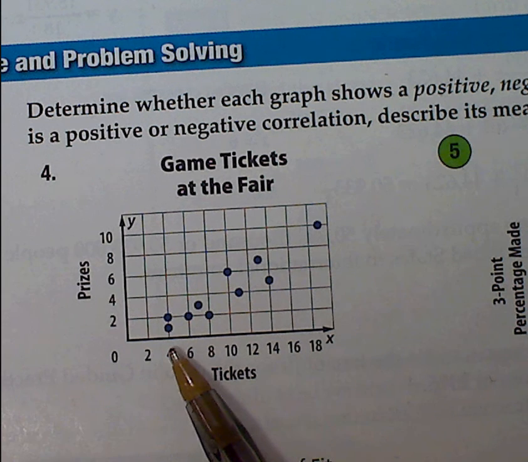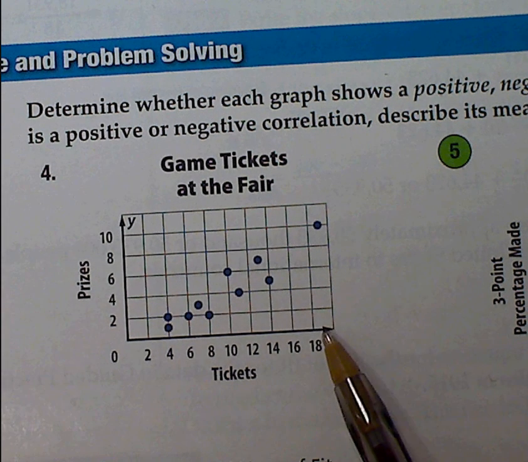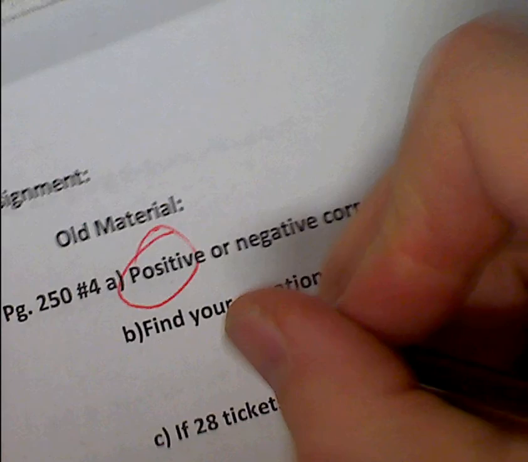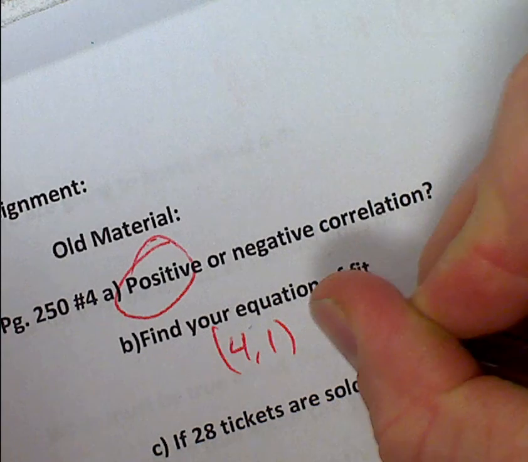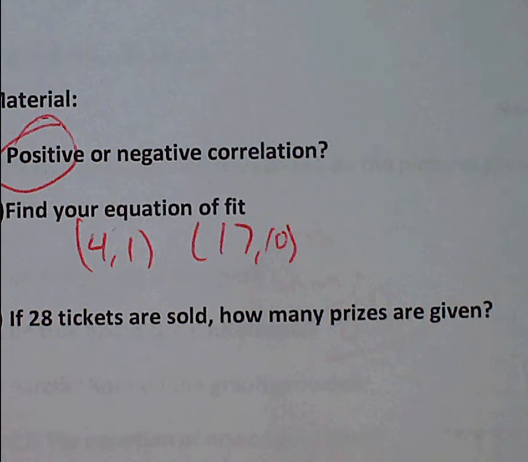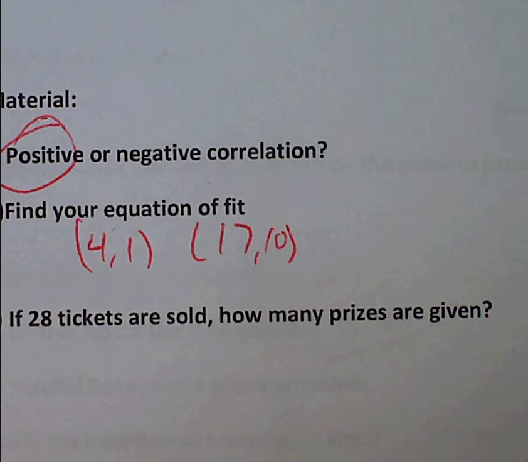I'm going to say this is 4, 1, and that this is 17, 10. Now you don't have to use my exact dots, but your equation needs to be very close to my equation. So go ahead and find the equation of this line.